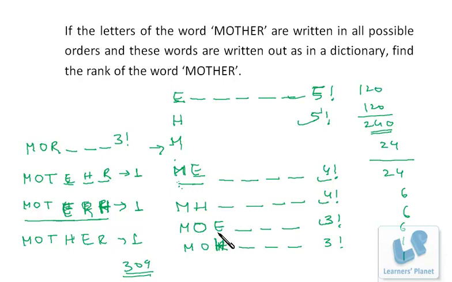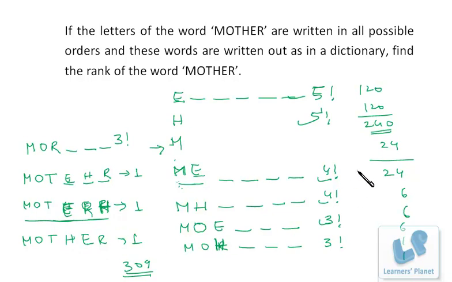Then we took out the words from MOE. So these are 6 words. Then MOH, 6 words. Then MOR, 6 words. Then it comes MOT. So in the dictionary, after T, from E, H, and R, the first letter will be E, then H, then R. Then for E, R, and H. After that, MOTHER.